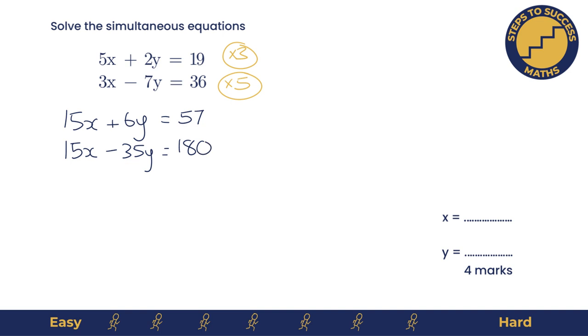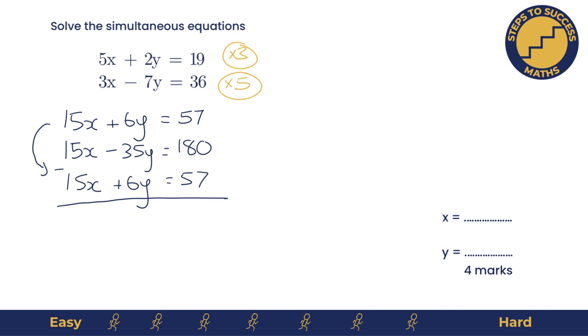So we've got these two equations and we want to do a takeaway because they both start with a 15. I'm going to put this equation, 15x minus 35y equals 180, on top, and then I'm going to take away 15x plus 6y equals 57. I'm going to do that so I end up with this number here being positive.